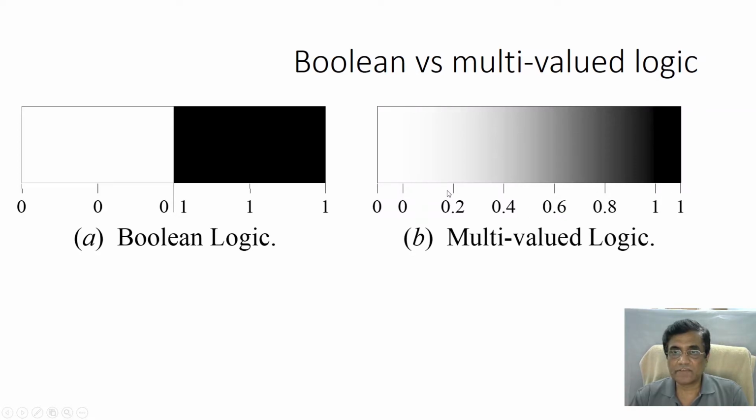So this value shows that if this is representing day, how much day? Gradually day is becoming dark. So here it is night, here it is day, and in between maybe this is twilight, and this is dawn. So every possibility is there. You can express those aspects also using multivalent logic. You understand? So it is a powerful logic, right?